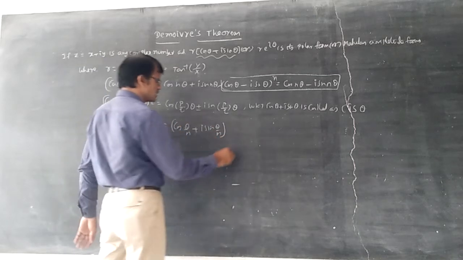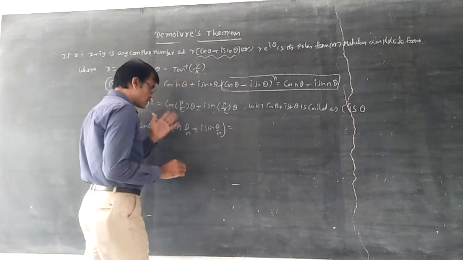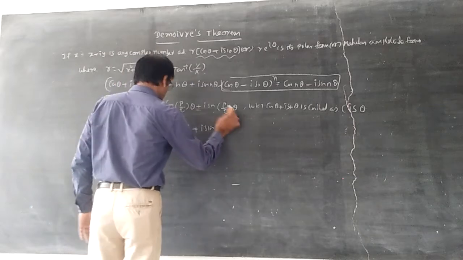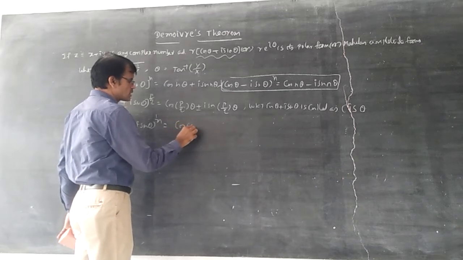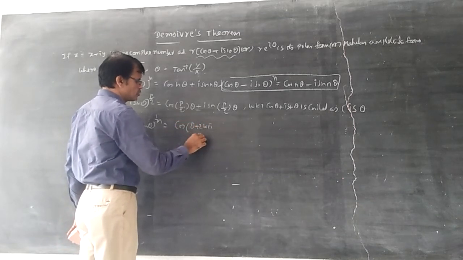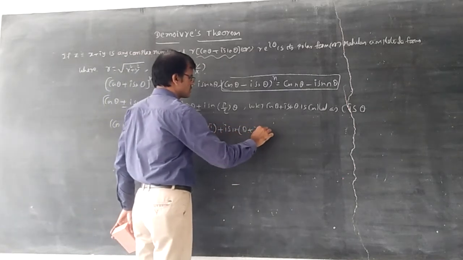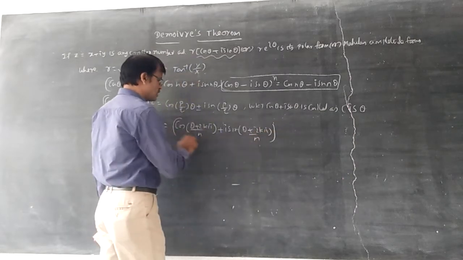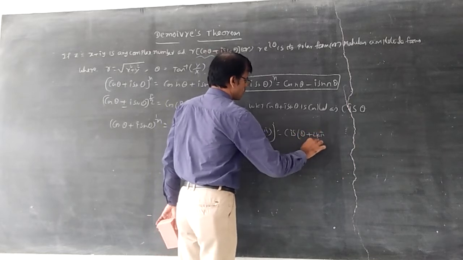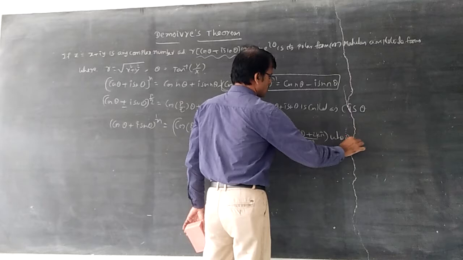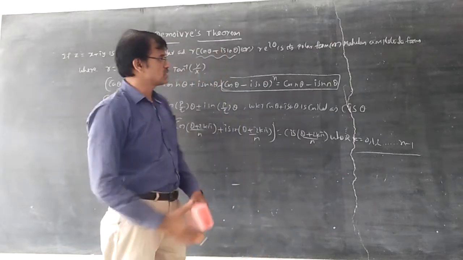We should not write like this. Let us write it as cos of theta plus 2k pi by n, which depends upon rotations, plus i sin of theta plus 2k pi by n, that is cis of theta plus 2k pi by n, where k is equal to 0, 1, 2, and so on. These are fundamental.